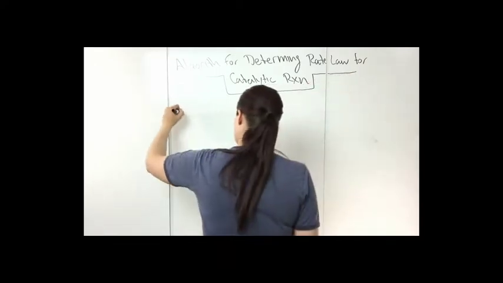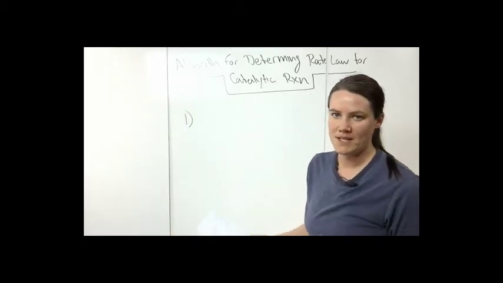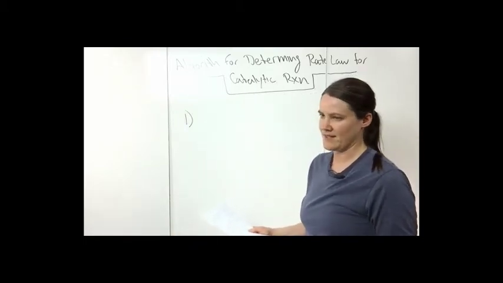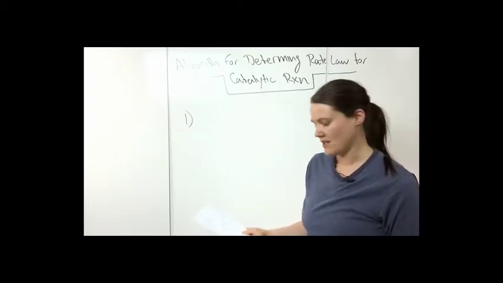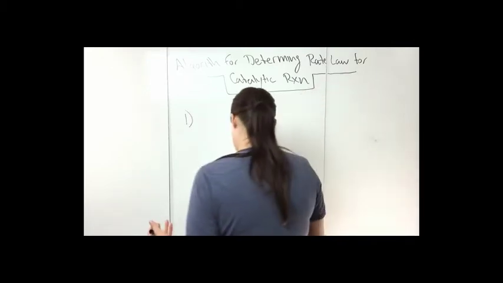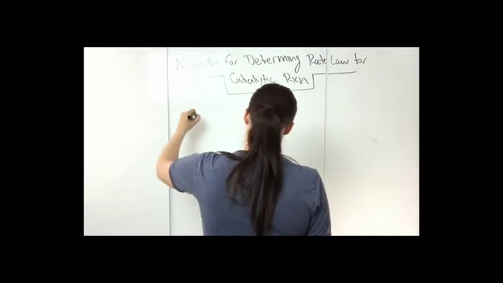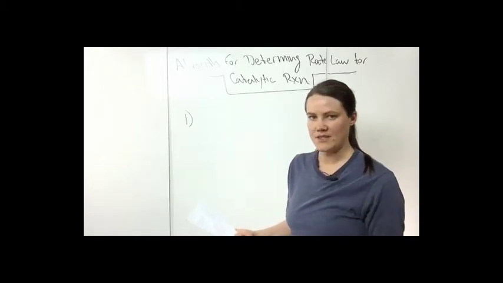So I'm going to say the first thing you do is you assume a rate limiting step. And often this will be given too, like it'll say assume that your reaction is rate limiting, or assume that the absorption is rate limiting. If it's not given, then I would say assume that it's reaction limited.